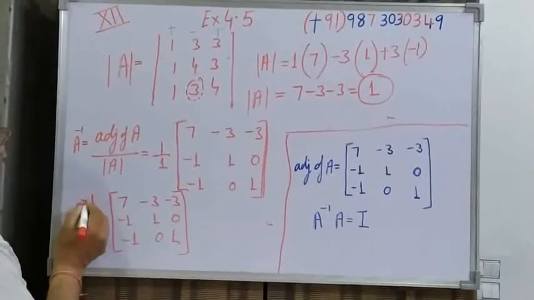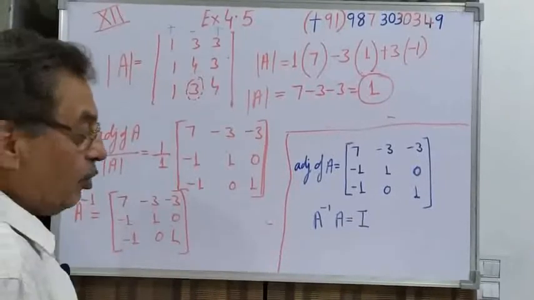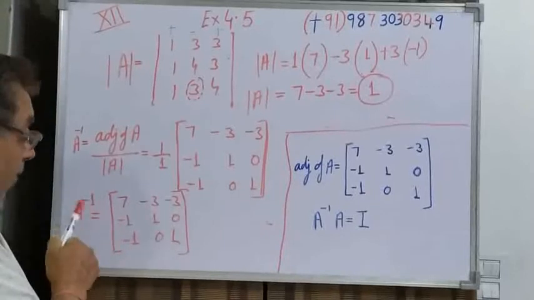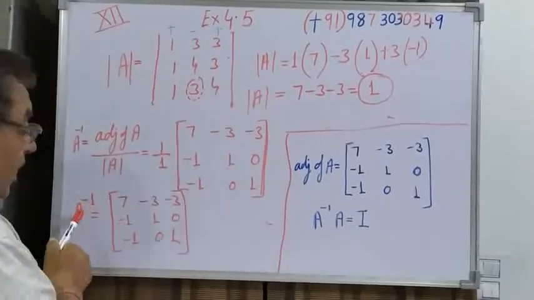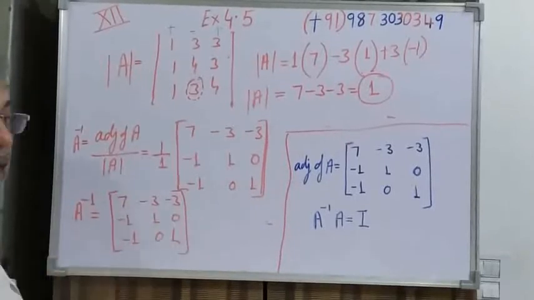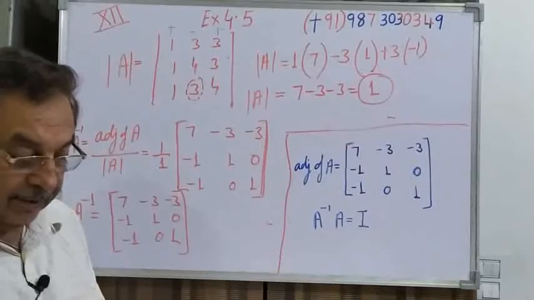So this is what we have obtained, A inverse. In case you want to verify whether it is correct or not, just multiply the original matrix A with this A inverse and you will get I, the identity matrix.